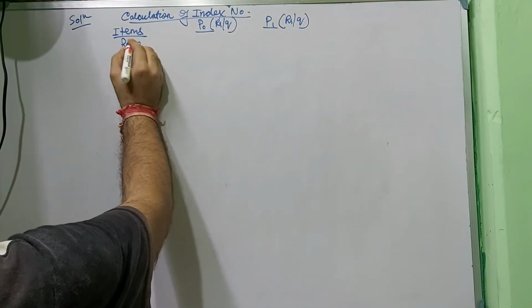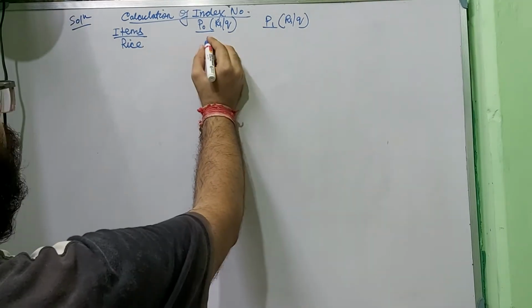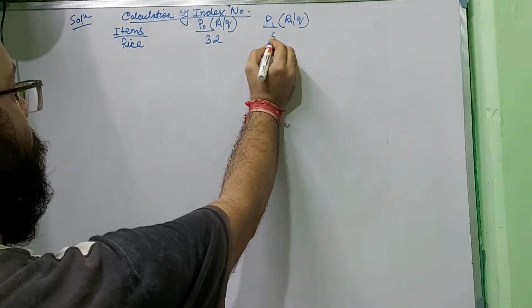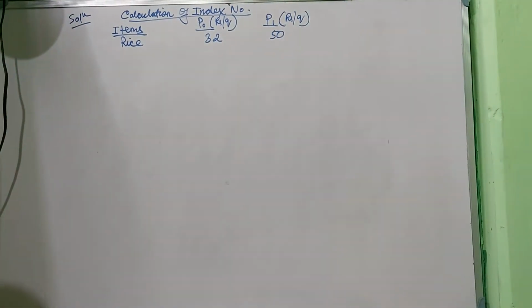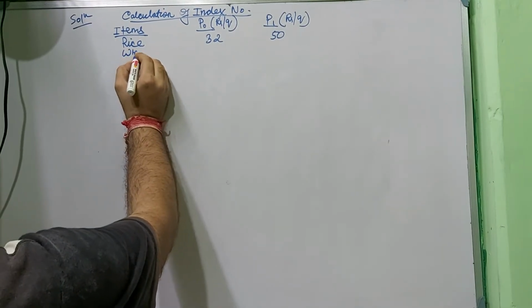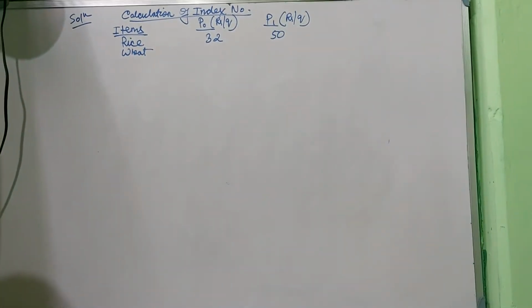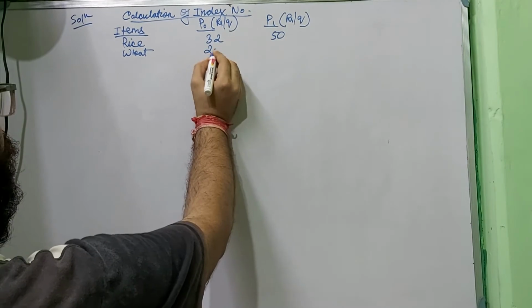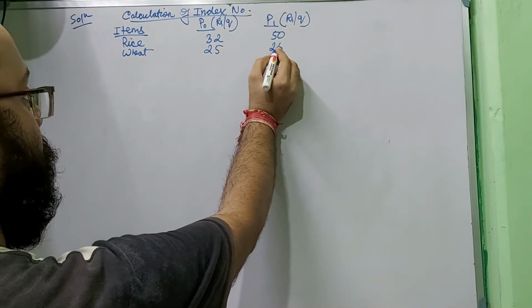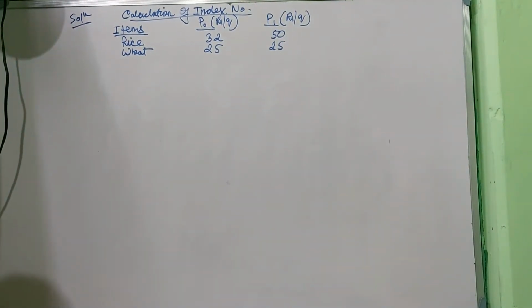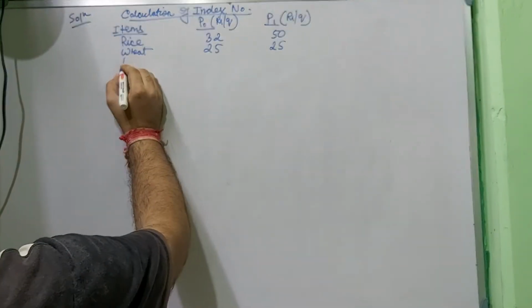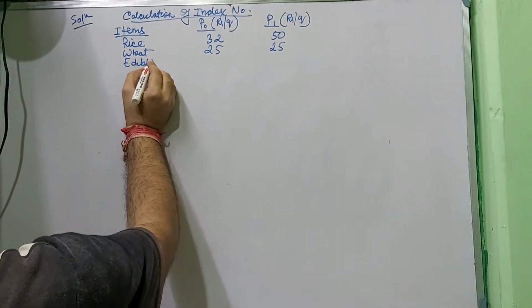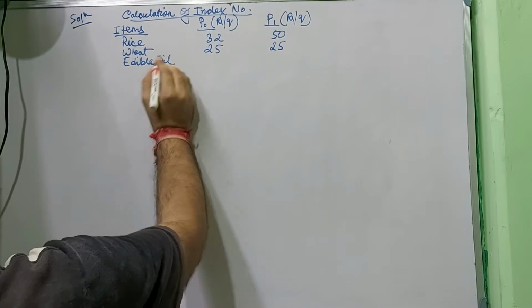Rice is given 3250. Wheat has been given 2525. Edible oil 90 and 100. You know what edible oil is, which you cook your food with.